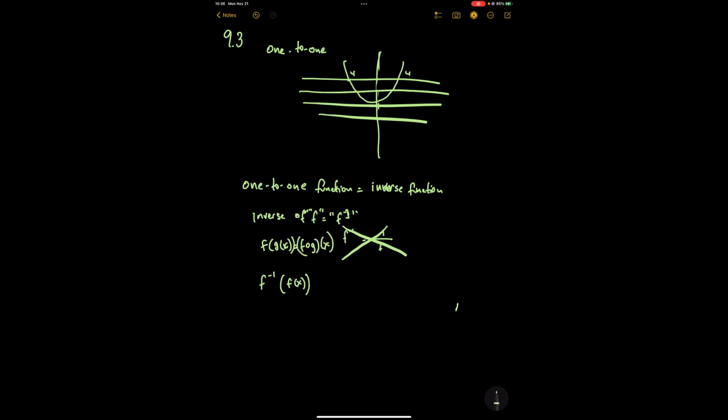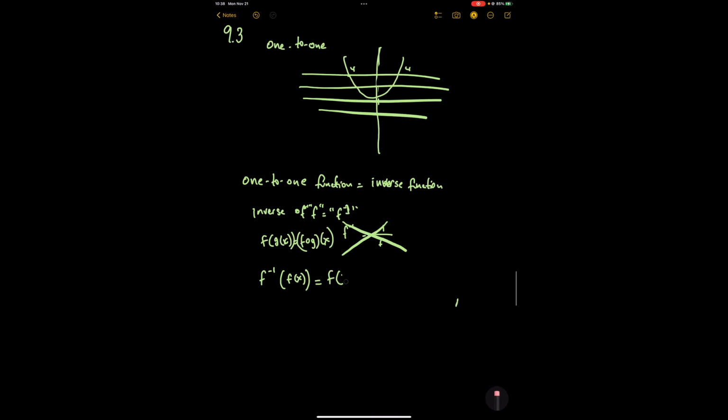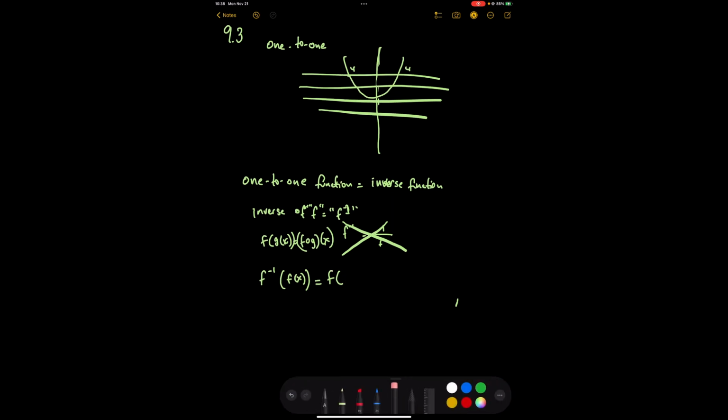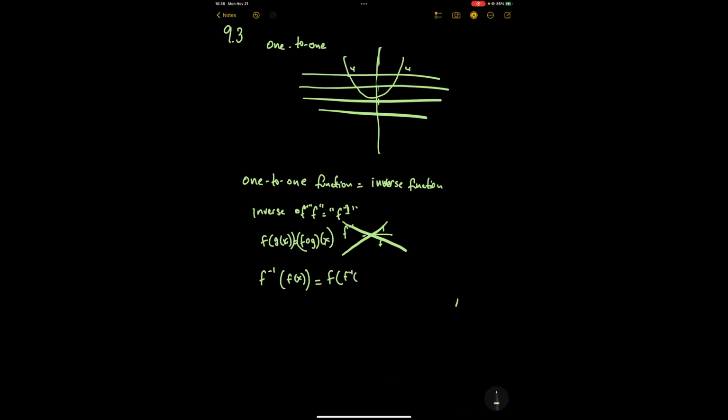Well, if f of -1 of f of x equals x, and f of f of -1 of x equals x, that means they are indeed inverses.